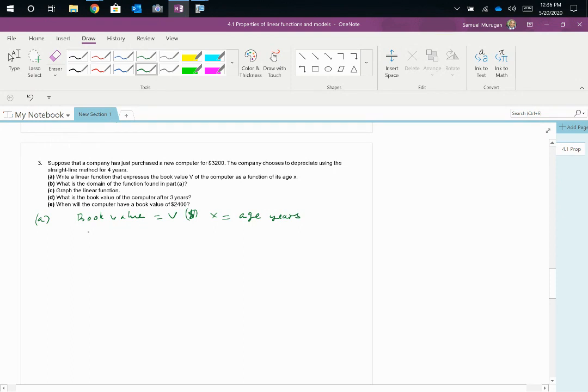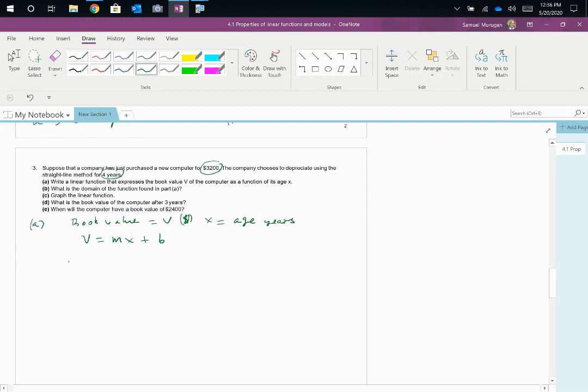So essentially we're looking at V is equal to mx plus b. Now, it's telling us that the computer is 3,200 over 4 years, so we have to find slope. At year zero, the computer is $3,200, and at year four, the computer is $0.